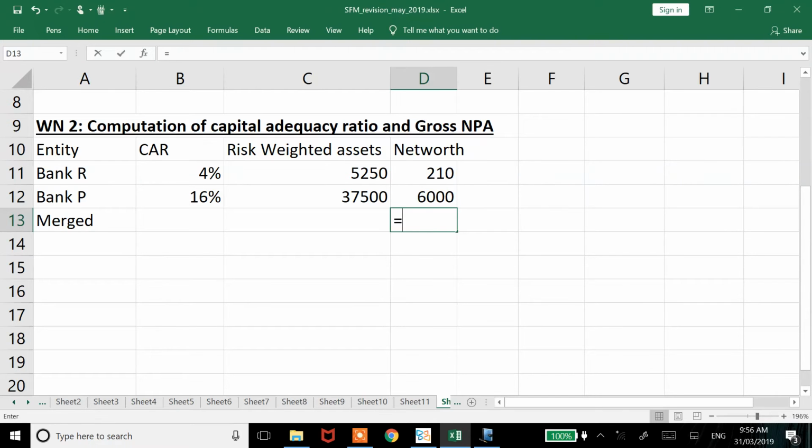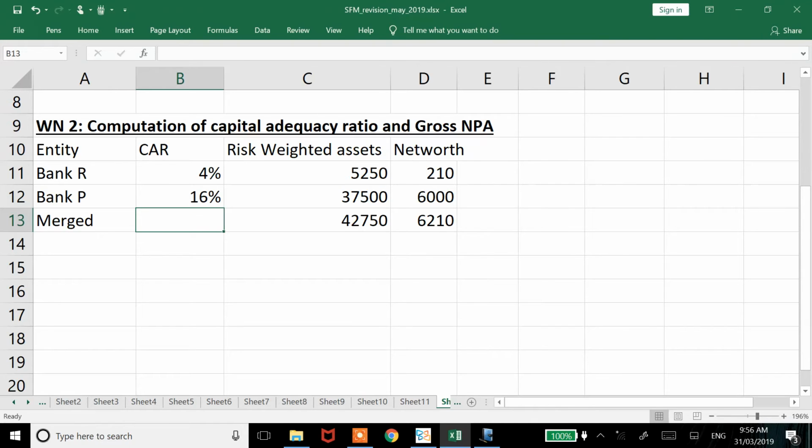Once I get this, I'll add these two, and this is division. 6210 divided by the second column into third column has to be the fourth column. That's the approach. Column 2 into column 3 is column 4. Capital adequacy ratio is equal to the fourth column divided by the third column.